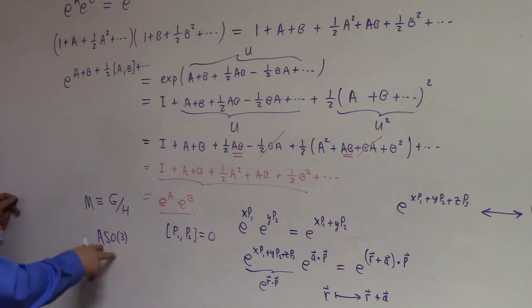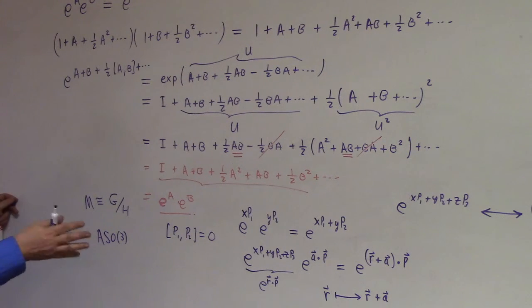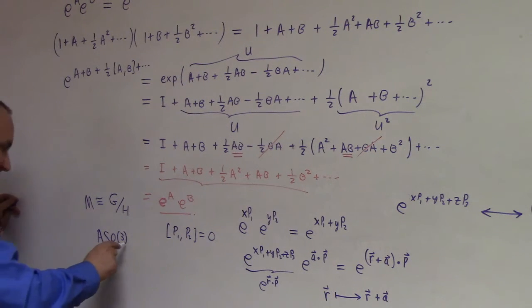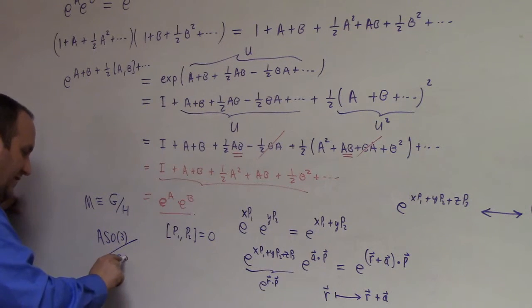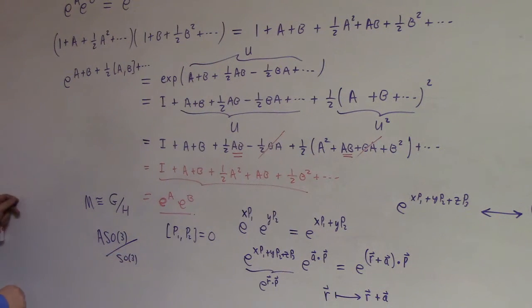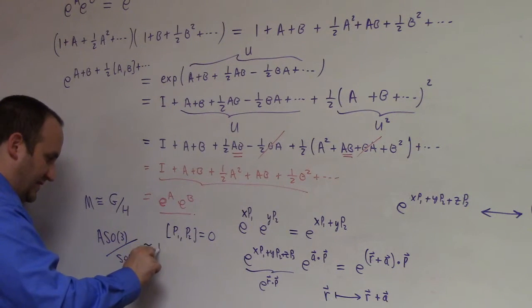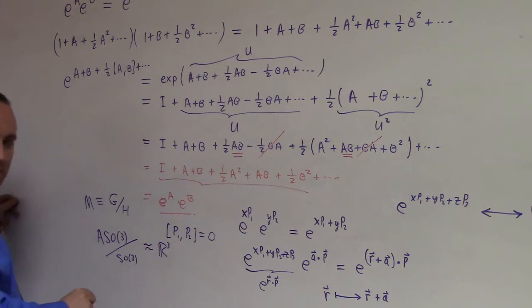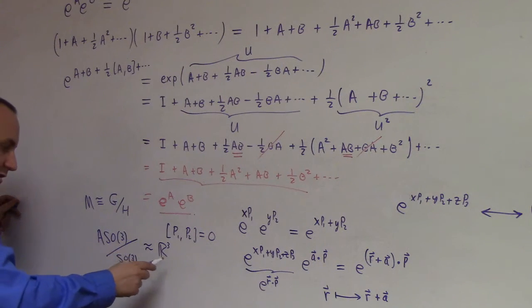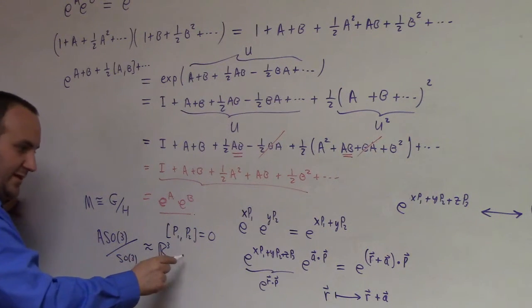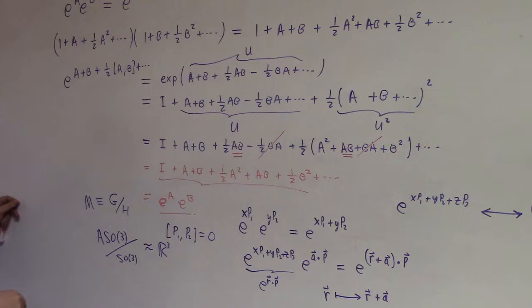This is rotations in 3 dimensions plus translations, all right? You take that, you mod by SO3. Basically, you're modding by the rotations. This is essentially just R3. But it's R3 where you get to represent points of R3 in this way as exponentials of translations.